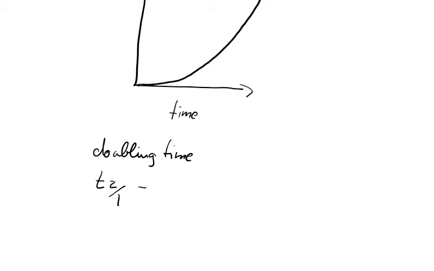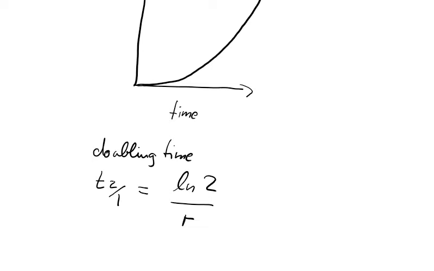The equation for the doubling time is ln2 divided by r, by our rate constant. So this allows us to convert r and a doubling time into each other.